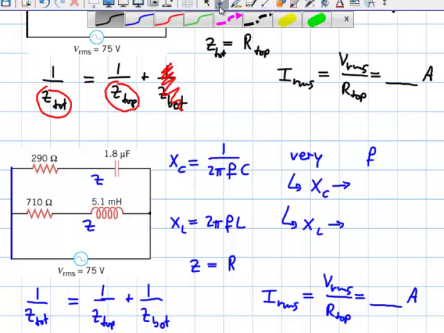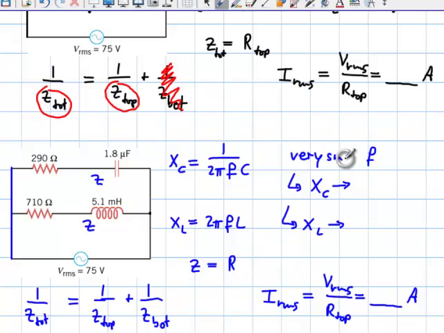Now we have a very small frequency. That means that the capacitive reactance is going to be very large, and therefore the inductive reactance is basically going to go towards 0 compared to the resistance.